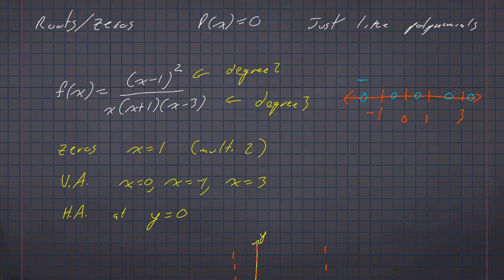Between negative 1 and 0, something like negative 1/2. Again, because the numerator is squared, that's always positive. Well, this is still going to be negative, and that's still going to be negative. But if the value is bigger than negative 1, this is going to be positive. So we have negative, positive, negative, which is positive.